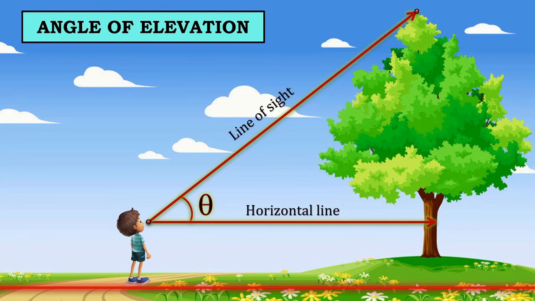For example, when we stand on the ground and look up at the top of a tree, a building, or a tower, the angle we make with the horizontal line is the angle of elevation. And we usually represent this angle by the symbol theta. So, whenever you see the observer looking up, think object above, angle of elevation. This simple idea will help us solve many problems based on heights and distances.